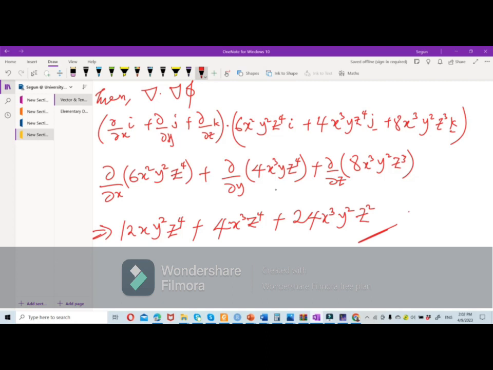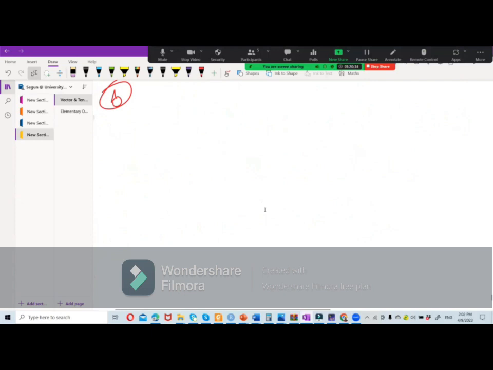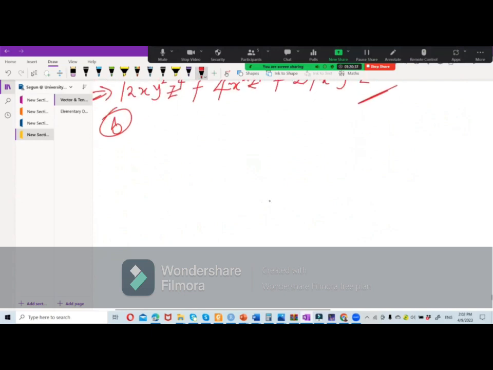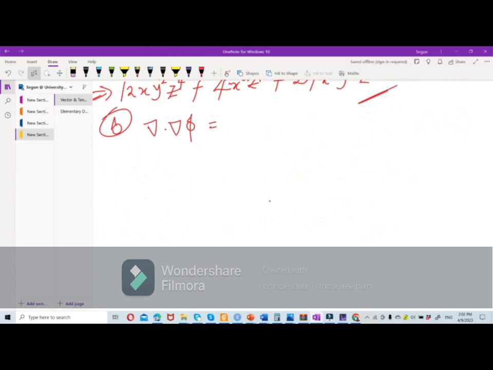The next thing says, show that, which is B, the divergence of the gradient of phi is equal to the Laplacian of phi.